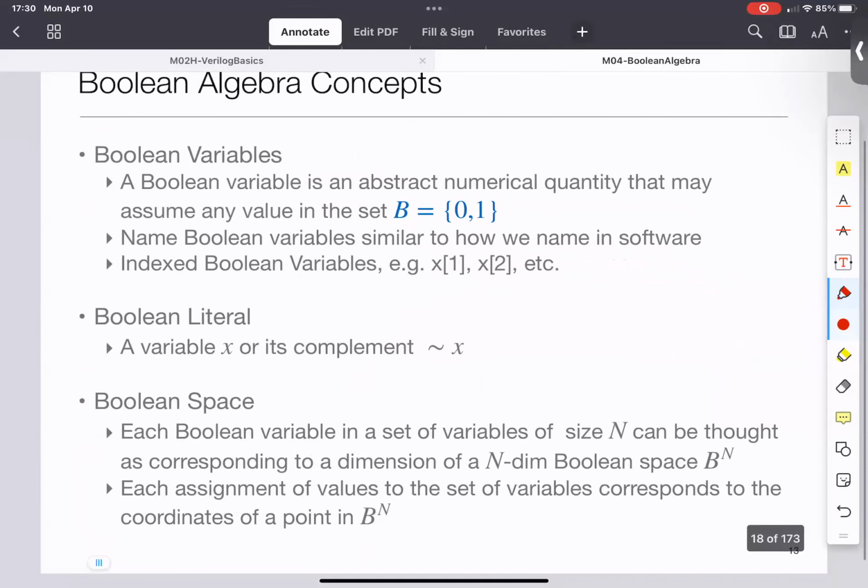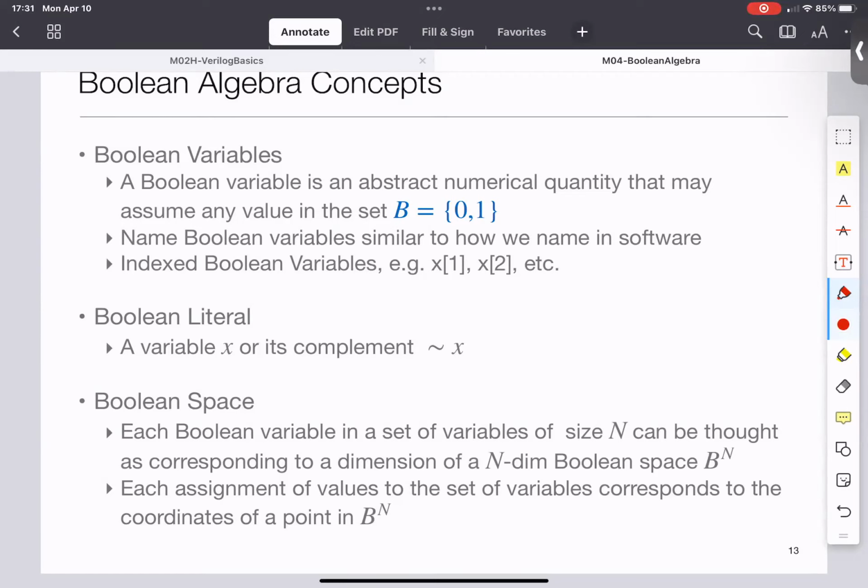Boolean space. If I have a Boolean variable which is single bit, then it resides in a one-dimensional space where there are 2 points, 0 and 1. But if I give you a set of Boolean variables like A, B, C, each one of them 1 bit, then you can think of A, B, C as residing in a 3-dimensional space.